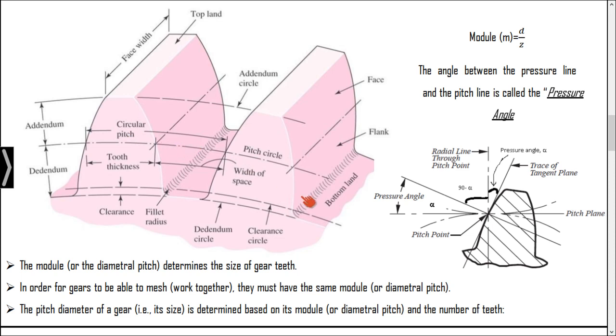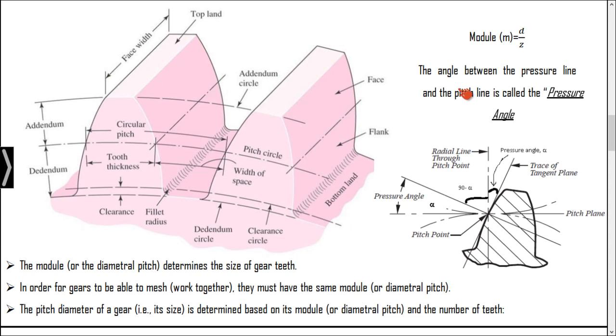So this is the bottom land. The surface which comes in contact with the teeth is called the flank, and this is called the face. So these are the major nomenclatures that all of you should understand before going into the design. So this total length is called the face width. That will also vary from gear to gear.